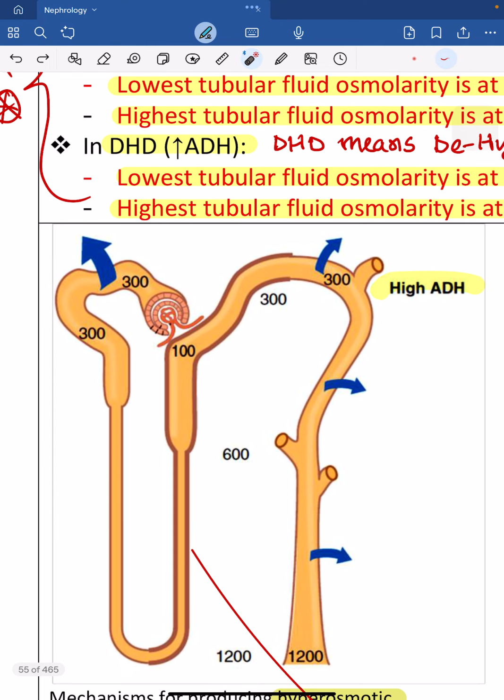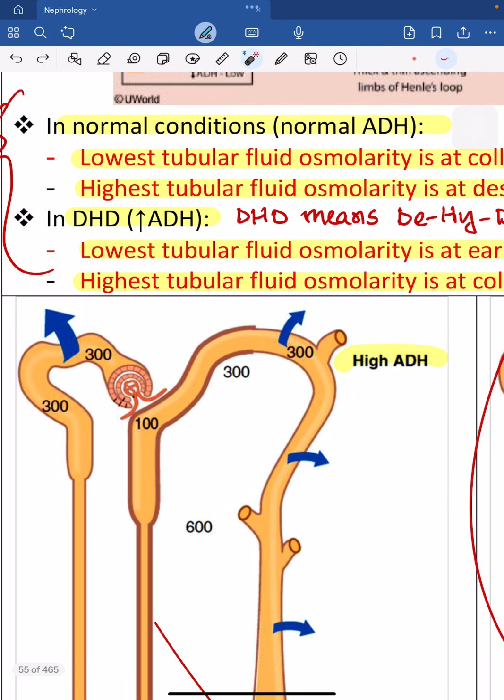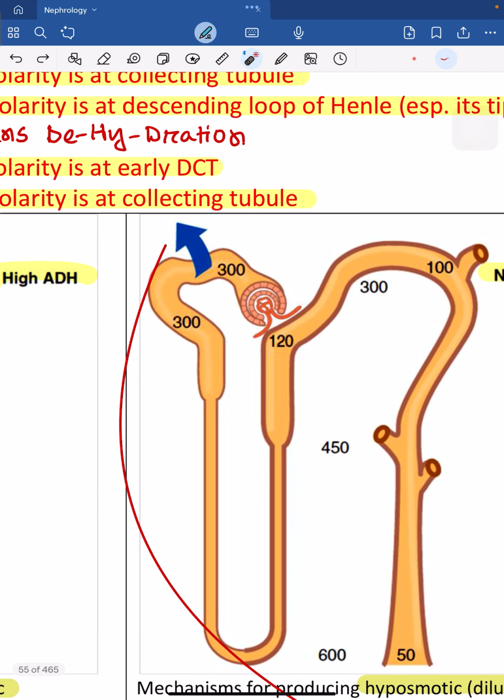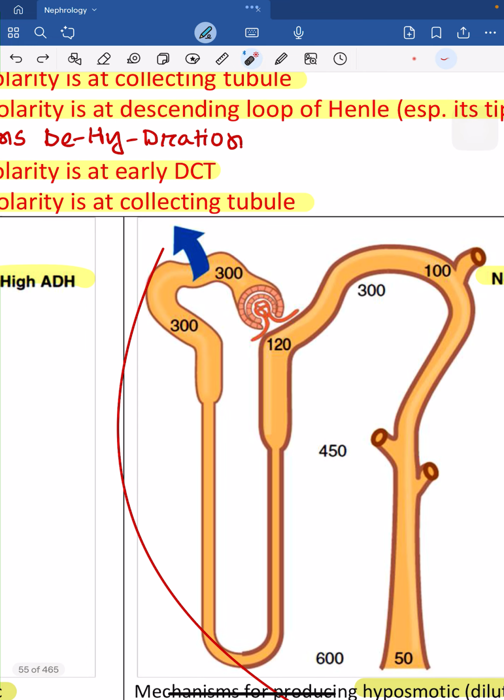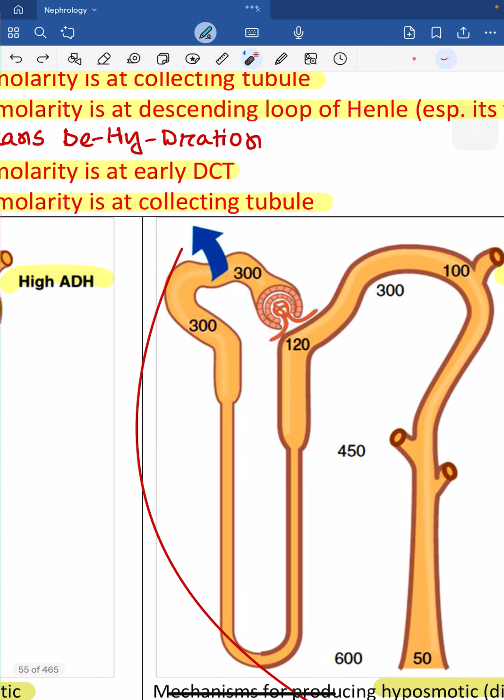So in normal condition, water is out in the absence of ADH. No ADH.